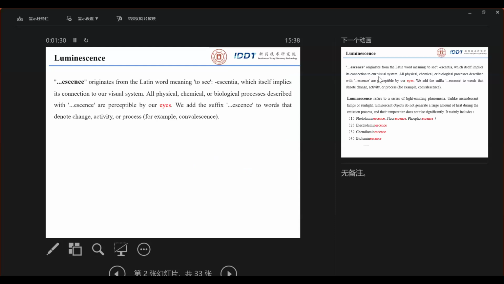So at the beginning, what is luminescence? It was explained that the word, originated from the Latin word meaning light, all physical, chemical, and biological processes described with it are perceptible by our eyes. So firstly, it's able to be seen with our eyes.